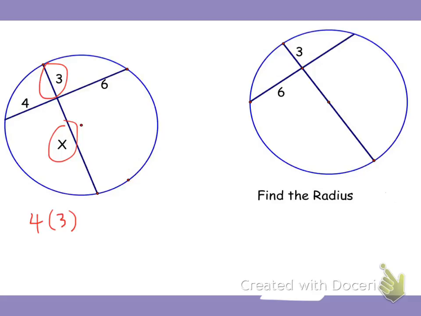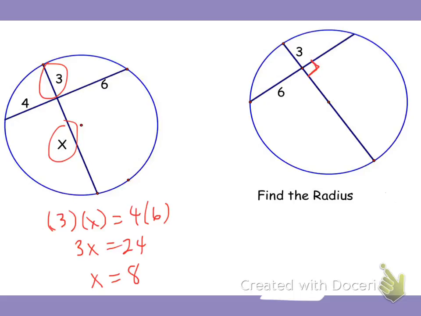Sorry, the drawing isn't as good as it could have been. So we're going to do 3 times x is equal to 4 times 6. So then you end up with 3x is equal to 24. So x has got to equal 8.